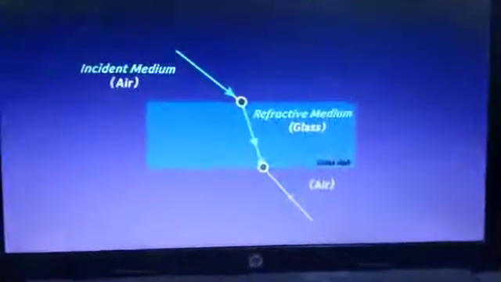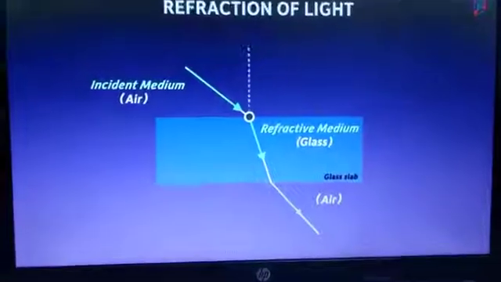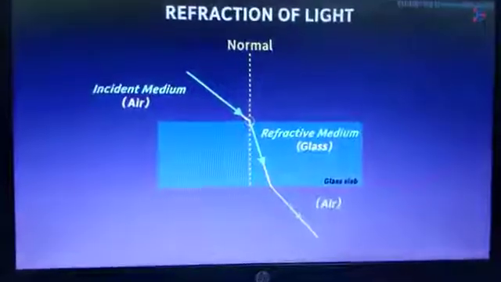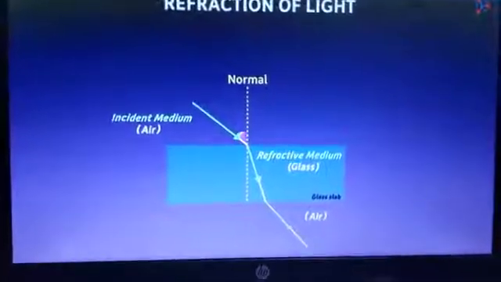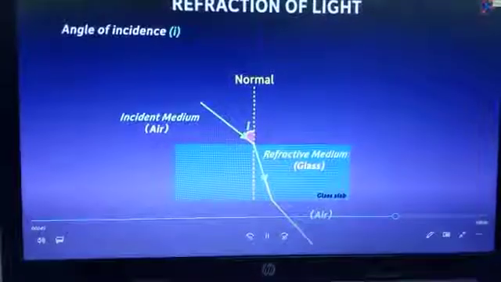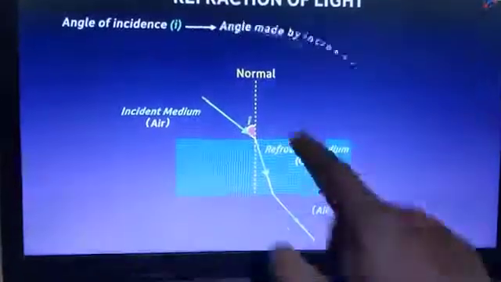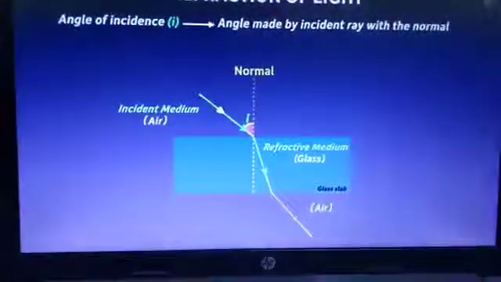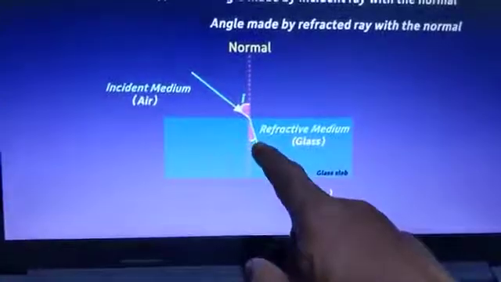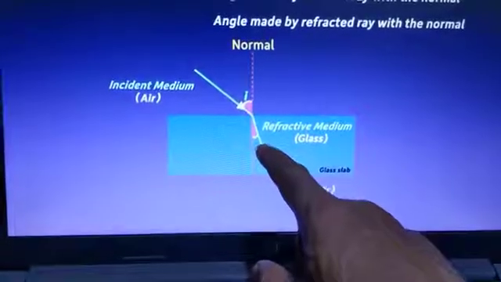You see here, this is known as the normal. Angle of incidence: the angle made by the incident ray with the normal. Angle of refraction: the angle made by the refracted ray with the normal.